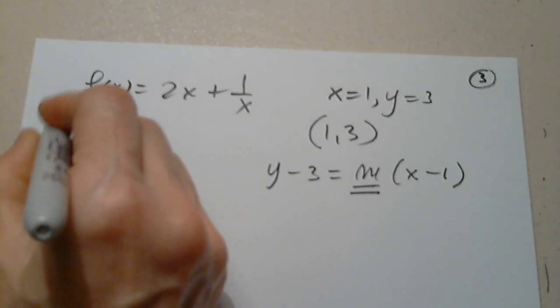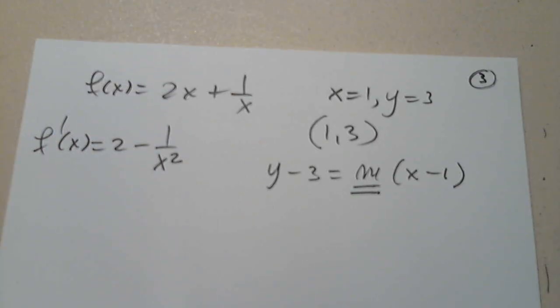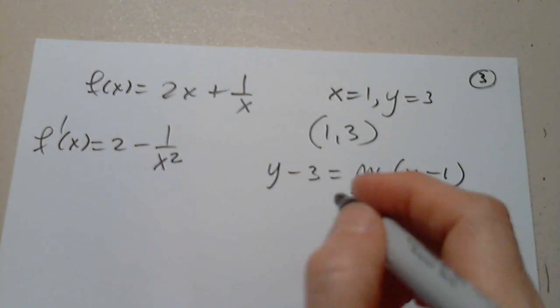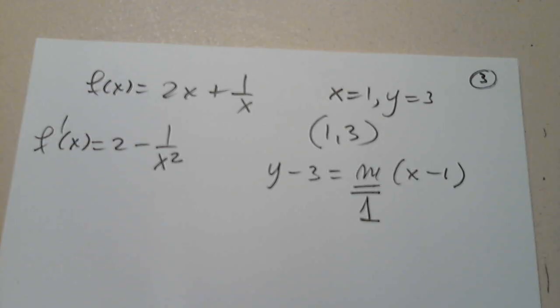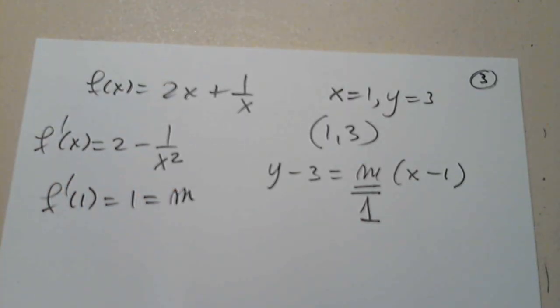So when I differentiate and find f prime of x, I get 2 minus 1 over x squared. Please remember the derivative of 1 over x is negative 1 over x squared. When I plug in 1, I get 2 minus 1, which is 1. So f prime of 1 is 1, which is the slope of the tangent line.